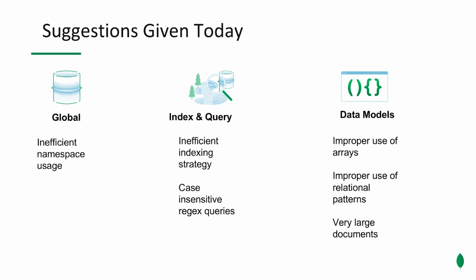For indexes and queries, we call out when your indexing strategy is inefficient, or when you're using case-insensitive regex queries, which surprisingly happens a lot. And for data models, we call out things such as when you're improperly using arrays, or you're improperly using relational patterns within the context of MongoDB, or when you have very large documents.